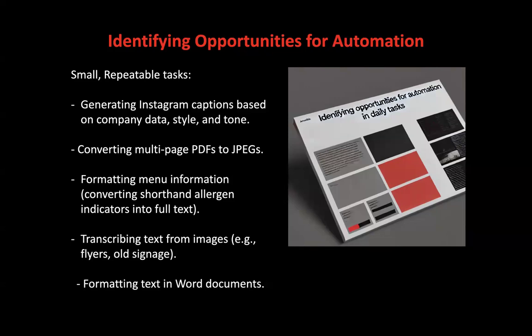And it's just going to write that out in all caps with a pipe between it, which is that vertical line. So it's quickly taking a little shorthand and making it into the format that I'd like. Little bites. Old flyers, old signage. Sometimes I just want to take that exact text, and I could sit down and manually type it out. But instead, I just drag and drop it into my custom GPT called Image Transcriber. It just writes it out. I can copy and paste it.